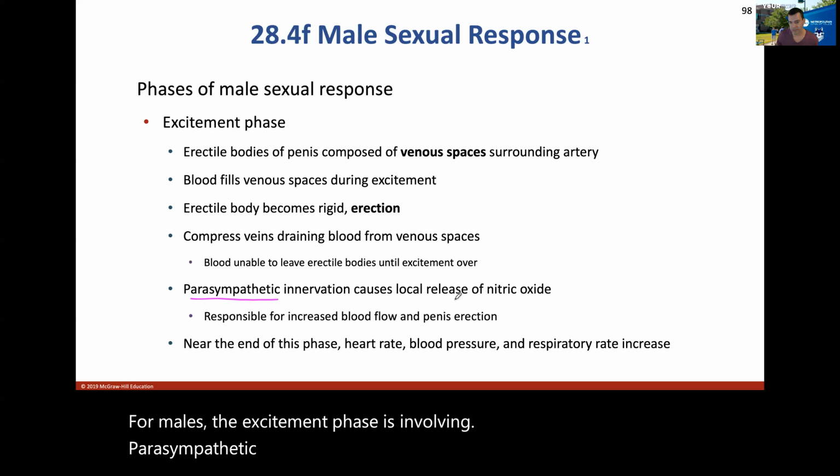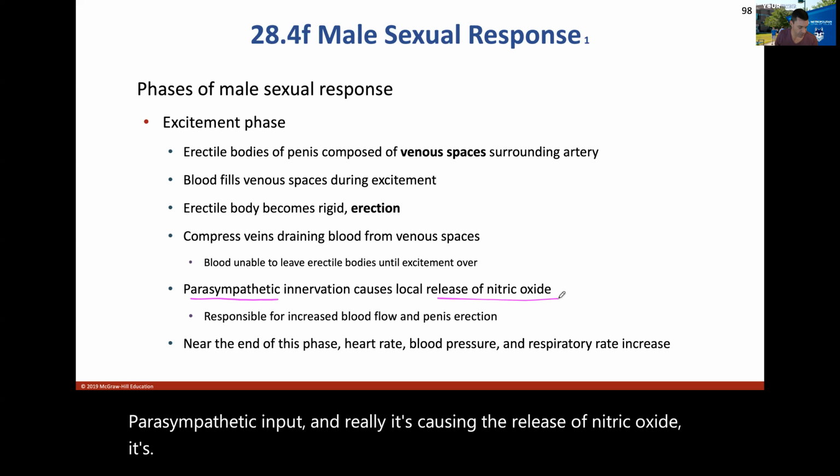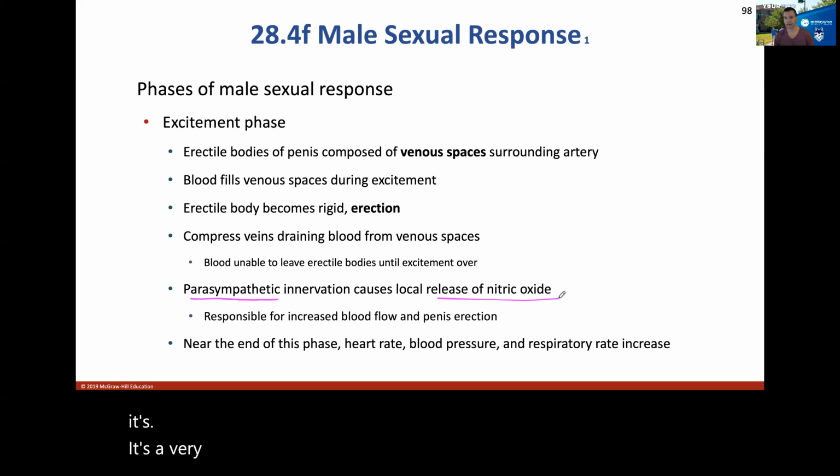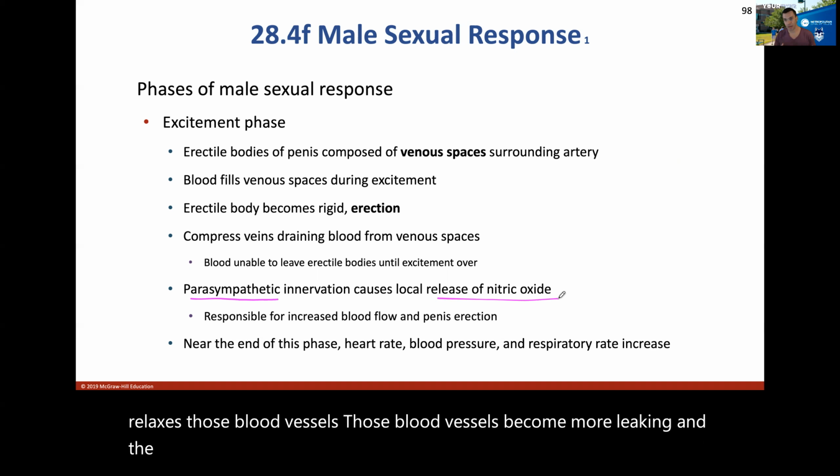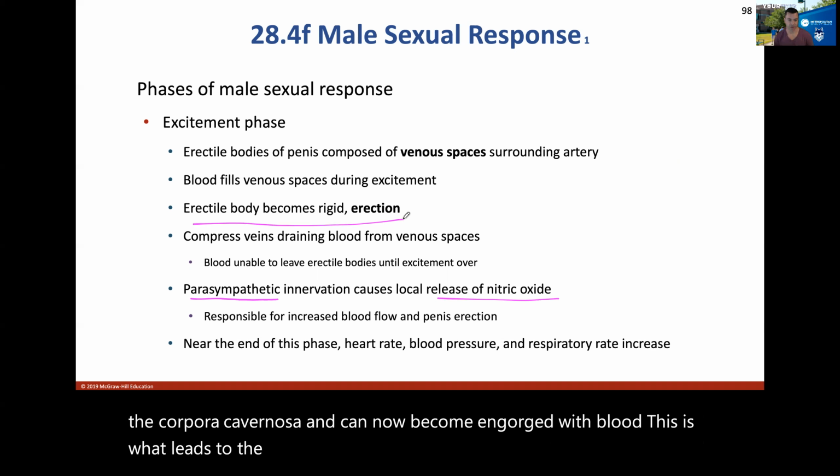And really, it's causing the release of nitric oxide. It's a very local chemical that will get released to cause vasodilation. It relaxes those blood vessels. Those blood vessels become more leaky, and the corpora cavernosum can now become engorged with blood. This is what leads to the erectile process, the erection process.